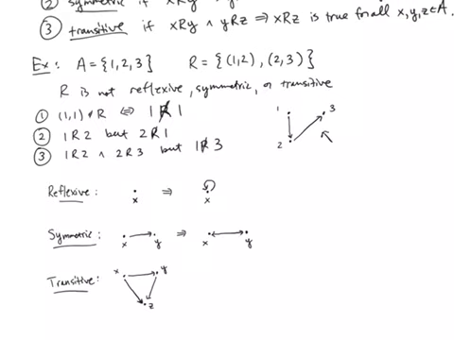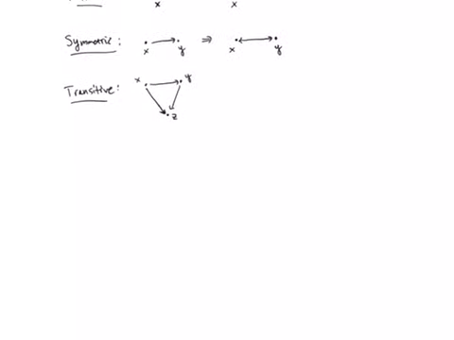And we have a trip from 1 to 3 with 2 as an intermediary, but not the direct trip from 1 to 3. So that can't be transitive either. Okay, so sometimes those pictures are useful. So let's look at another example.